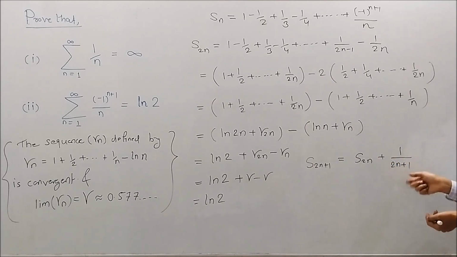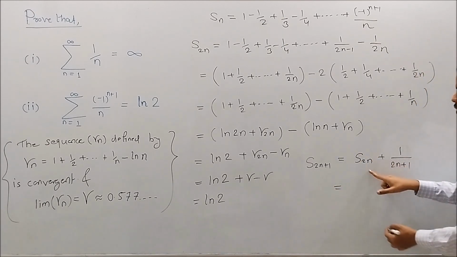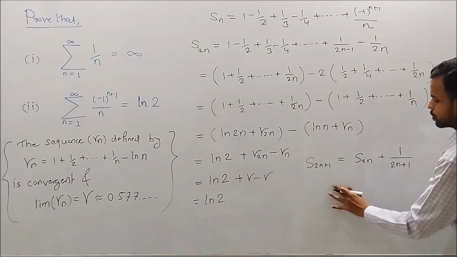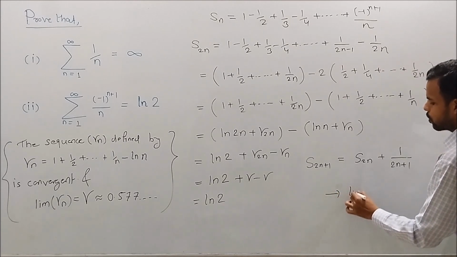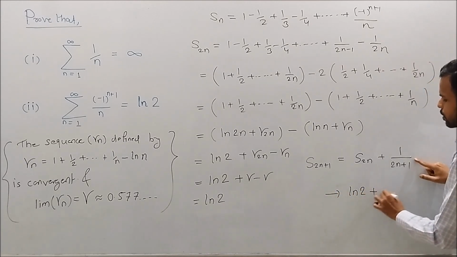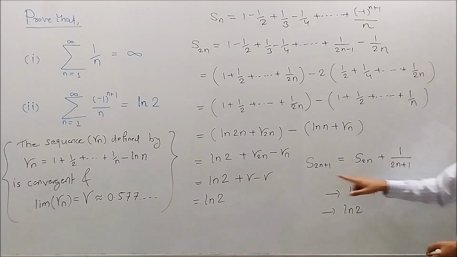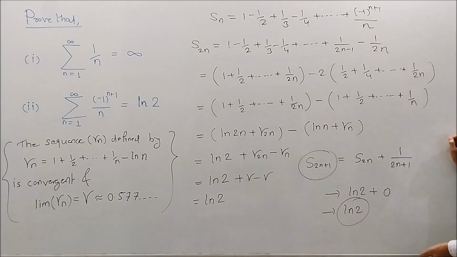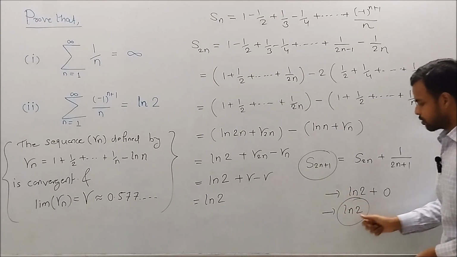When n goes to infinity, as S2n converges to natural log of 2, this goes to natural log of 2 plus 0, that is nothing but natural log of 2. So this subsequence also converges to natural log of 2.